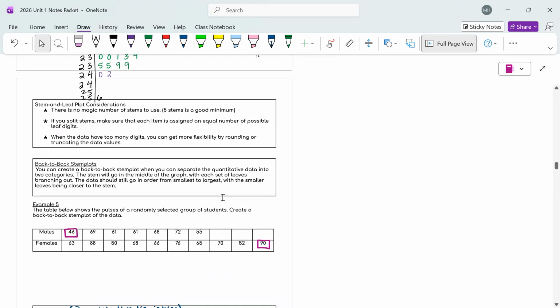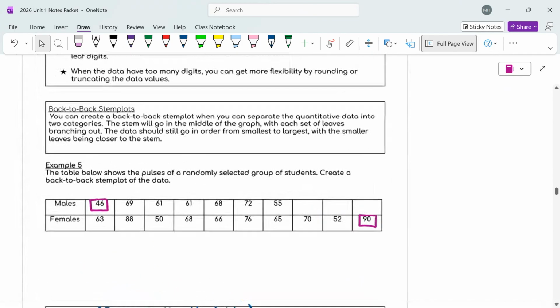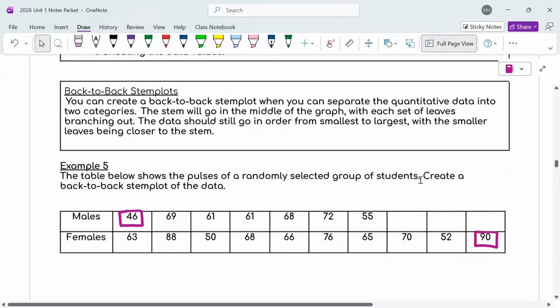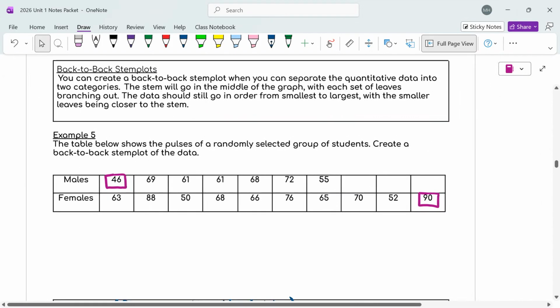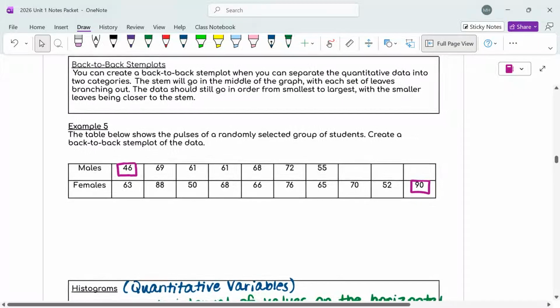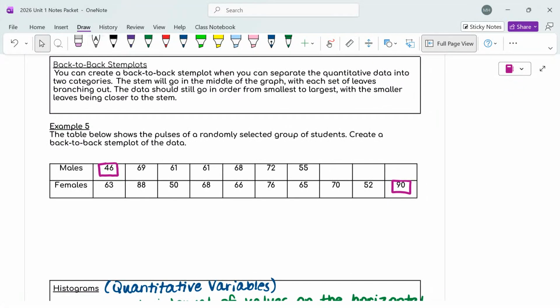Another option you have when you're making stem plots is something called a back-to-back stem plot. A back-to-back stem plot is two stem plots that are placed back-to-back. So it's like if you want to represent data for two different groups. Here we have data for pulses of a randomly selected group of students, and they've been separated into males and females.